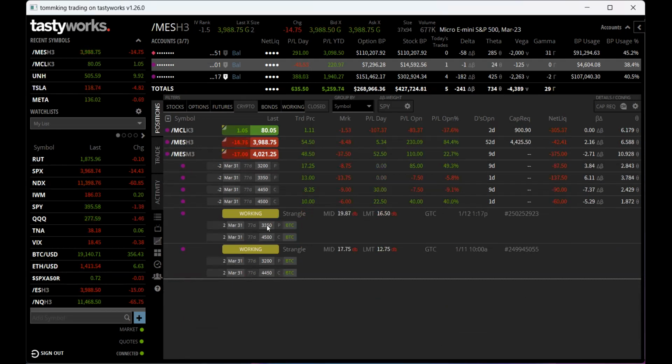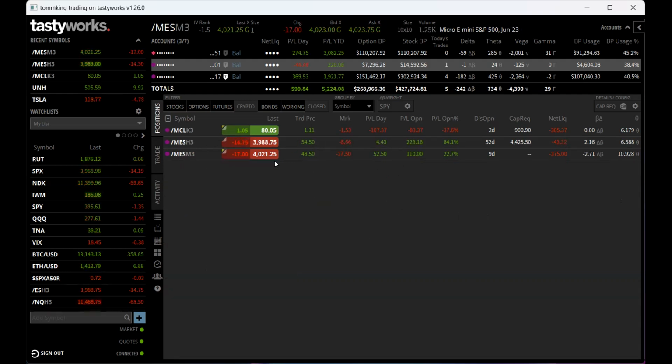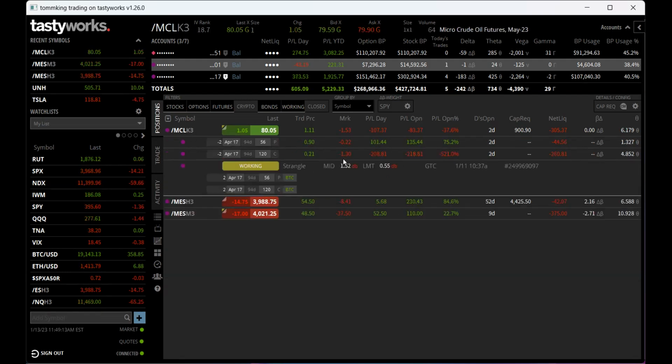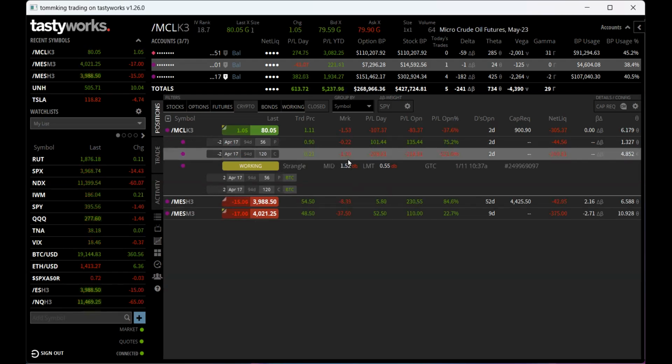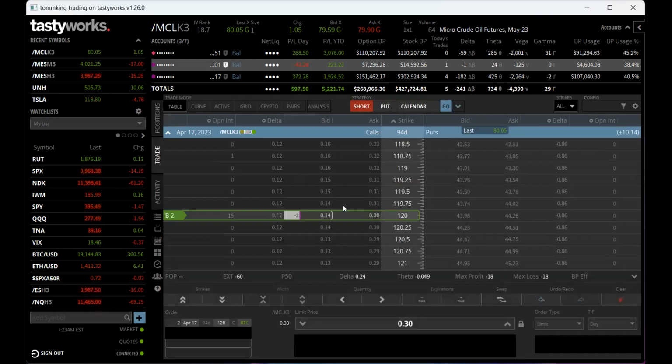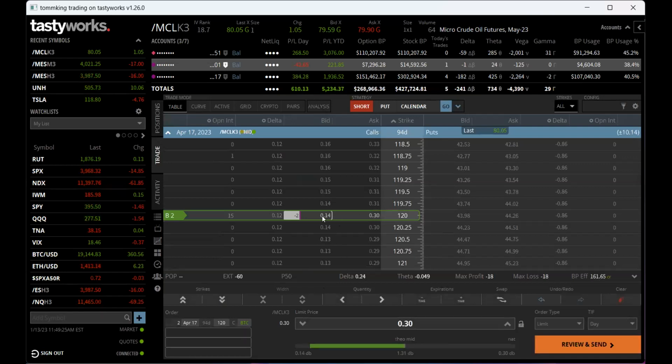And then we've got 2 strangles working, and they're getting closer and closer to 50% winners on these. This one's showing a loss, but actually this call here, it's saying it's $1.30 is what it's worth. It's actually only worth 30 cents. Not even. This thing is worth like 22 cents.